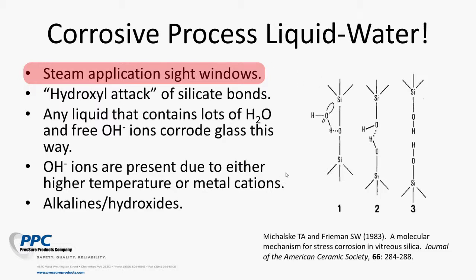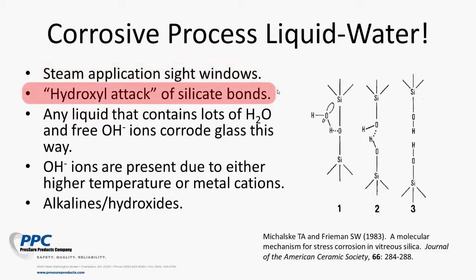So that was the beginning of our understanding of what is now known as the hydroxyl attack of silicate bonds. It takes water and hydroxyl anions, the OH minus radicals, which act as catalysts. Now in these situations, water supply is essentially unlimited, so the rate of corrosion depends on the concentration of hydroxyl anions.